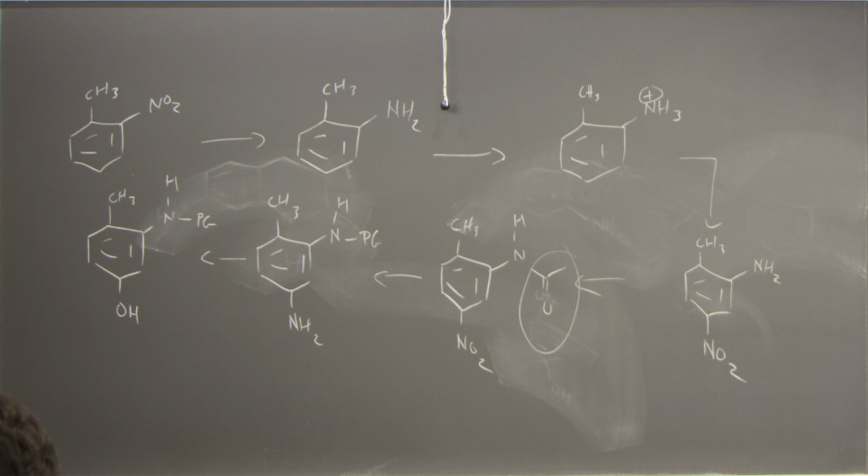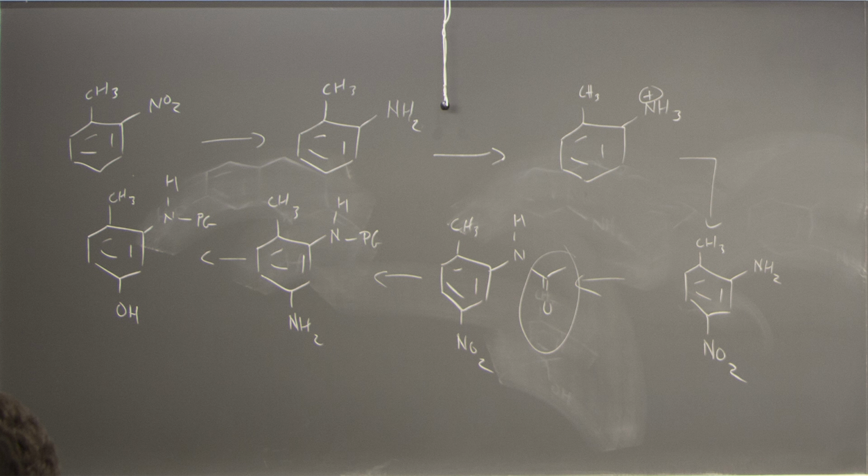So then I can take the other one out to the amino, and then to the OH by diazotization. So those are ways that basically will still avoid mixtures.